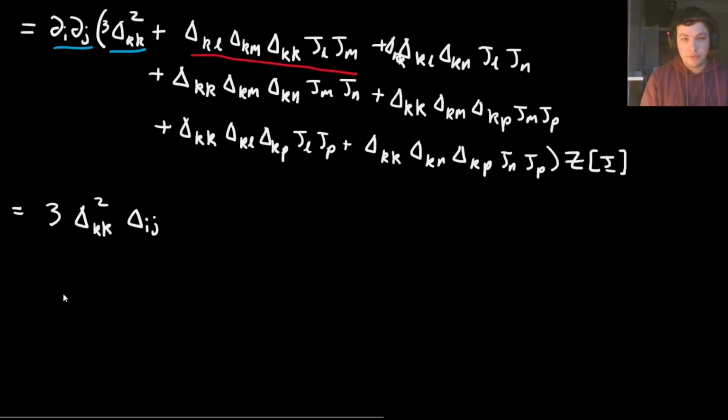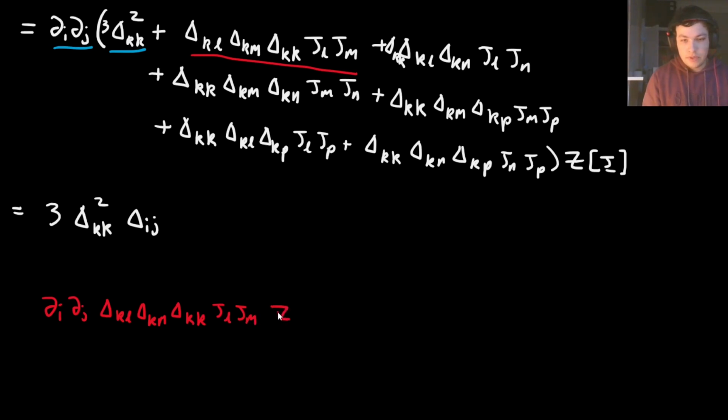So we're going to get, because we can't add to any of these, so we have to just differentiate. In fact, we'll do it in full. So di dj, delta kl, delta km, delta kk, jl, jm, z, j.